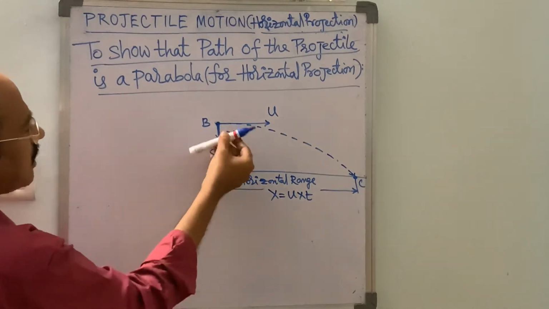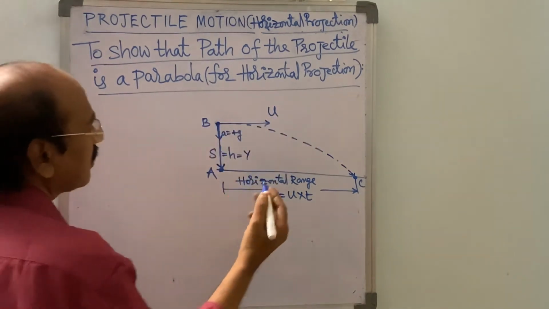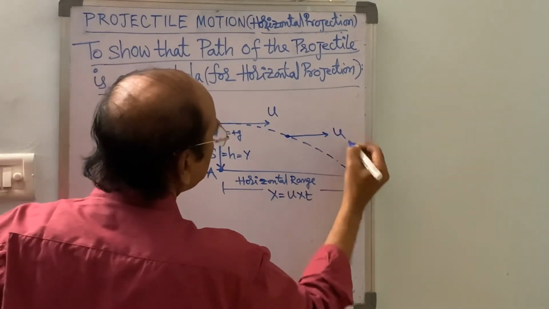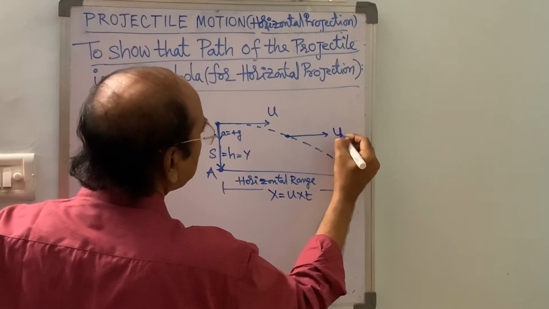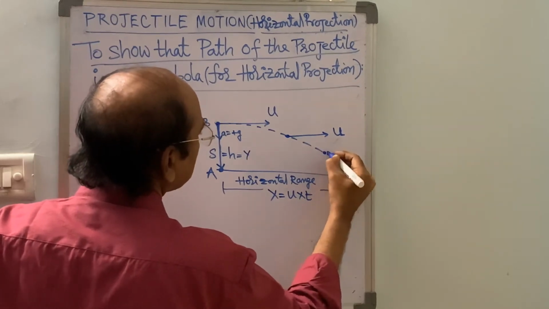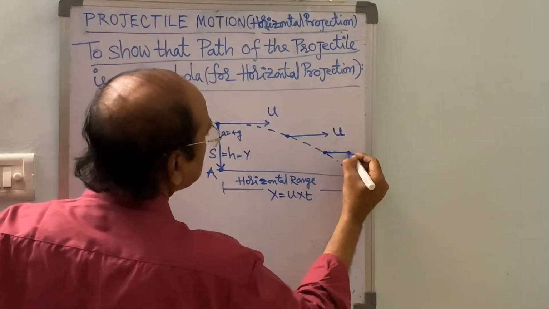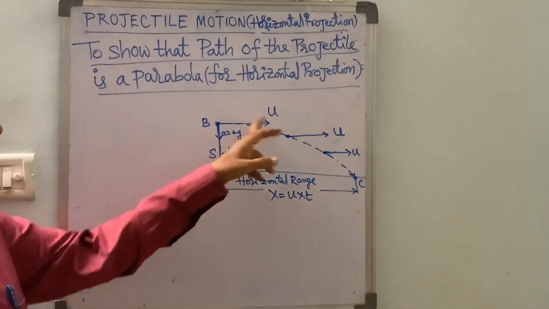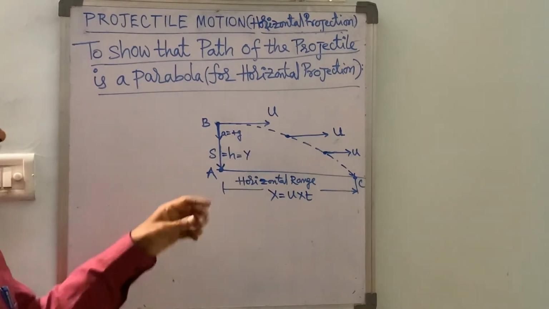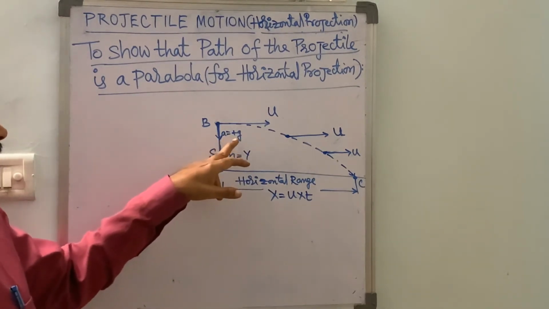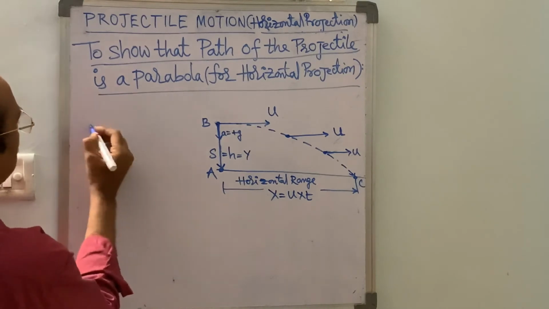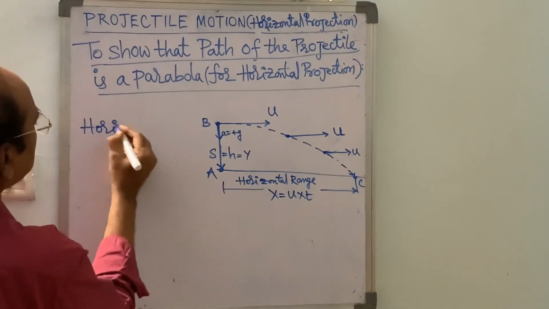When the body moves in the horizontal direction, there is no effect of g on the horizontal direction. It always travels with equal velocity u. So horizontal velocity does not change with gravity, so it remains the same at any point in its path. So here, what is the horizontal distance traveled?